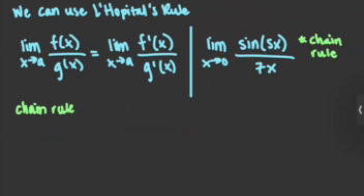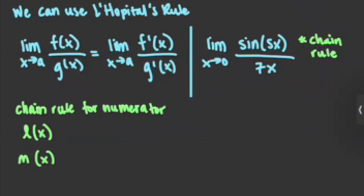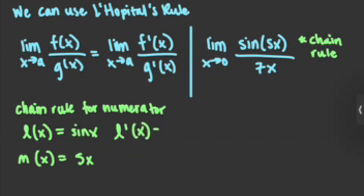One thing to keep in mind is that when you're using L'Hopital's rule, you still have to use all of the other derivative rules. So we're going to go through the chain rule together. In order to not confuse the variables, we're using L and M. So first, we write out our terms, and then we're going to take the derivatives of the terms individually.